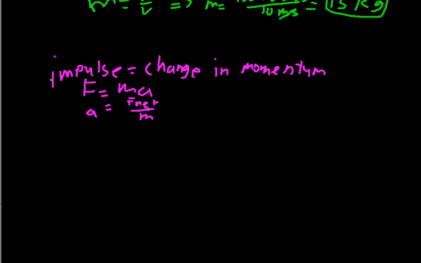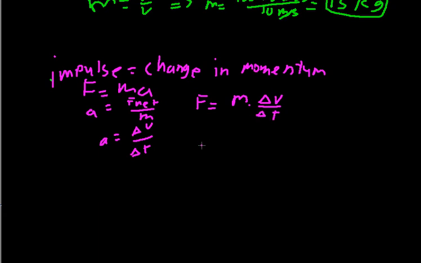Now we also know that acceleration is also equal to the change in velocity over the change in time. So doing that substitution here, we can say that force is equal to mass times the change in velocity over the change in time.